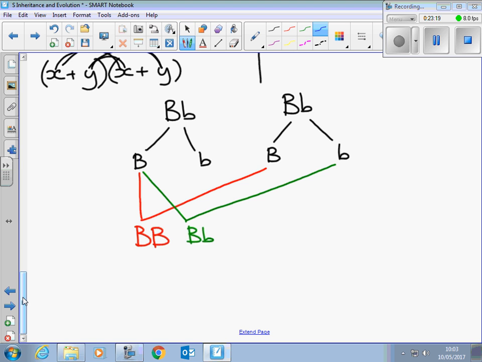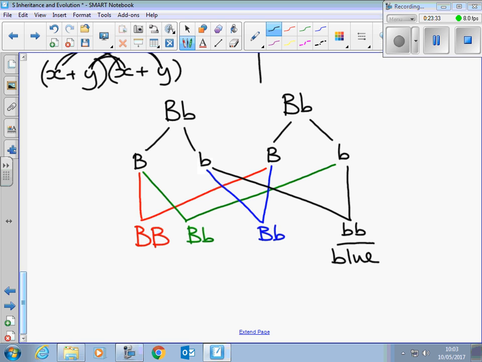We could take this egg with that sperm and get that. But of course we can put that egg with that sperm and get our blue-eyed. So two brown-eyed parents that have a blue-eyed child, that's how. It means that the parents are heterozygous. Or the gene hasn't switched on.